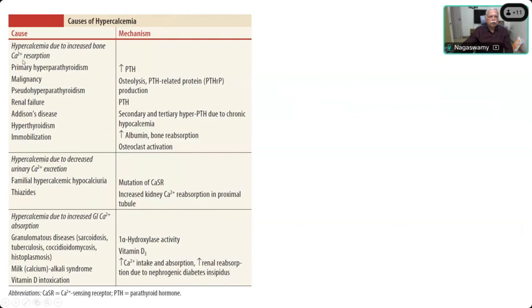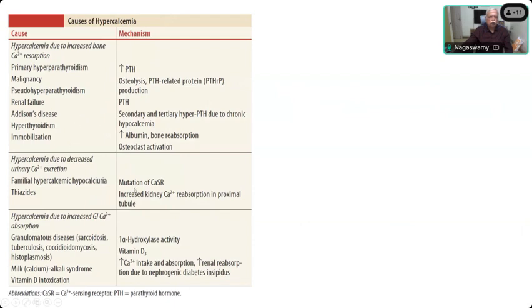So, increased bone calcium resorption, one. Second is hypercalcemia due to decreased urinary calcium excretion. It is more reabsorption of calcium from the kidney. Third is hypercalcemia due to increased GI absorption. So, three levels are the main reasons for the increase in the calcium level.